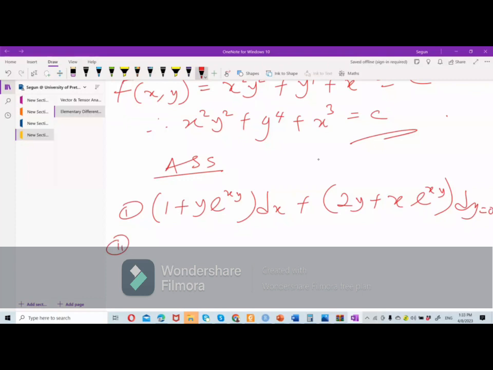Number 2, I'll solve x cubed plus y over x dx plus y squared plus ln x dy equals to 0.